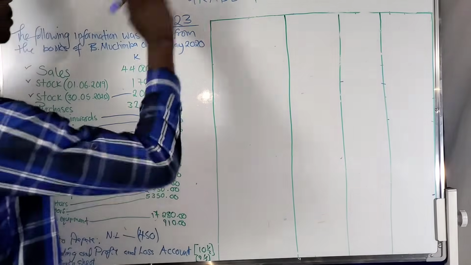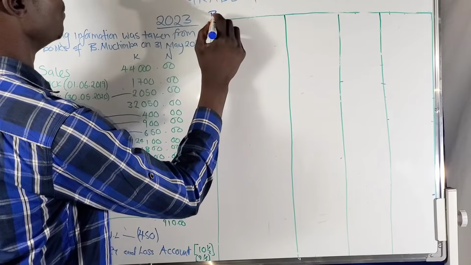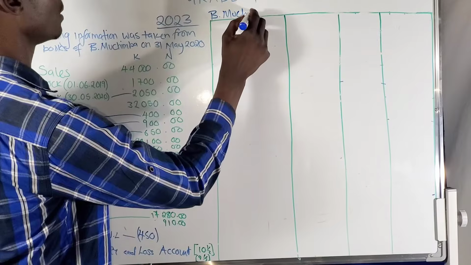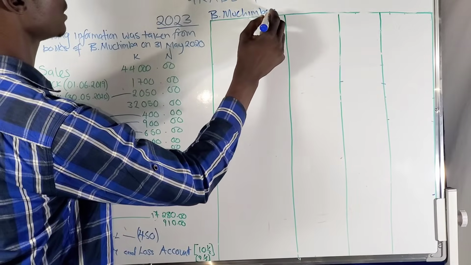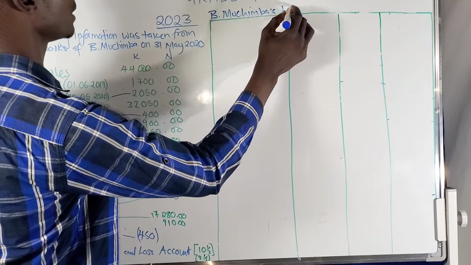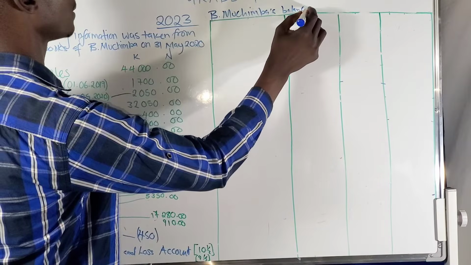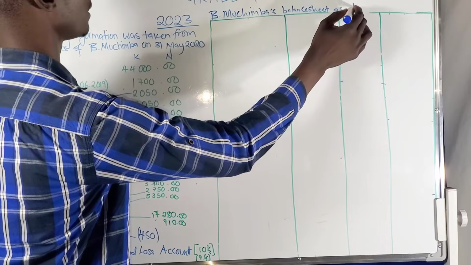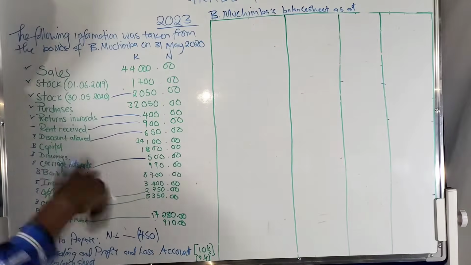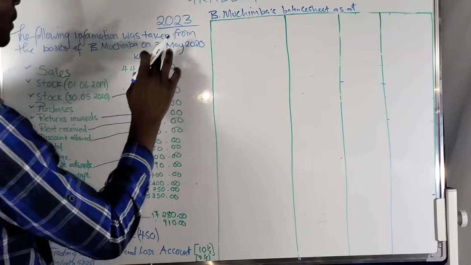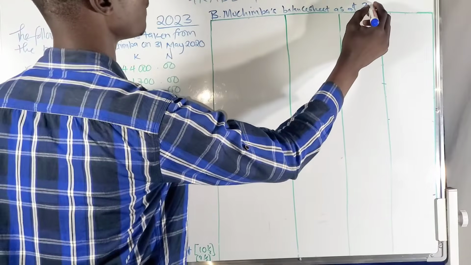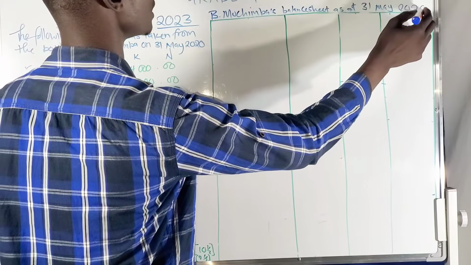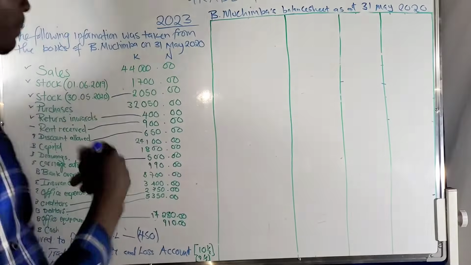So the title will be B, Muchimba's balance sheet as at. This one is prepared as at 31st May 2020.